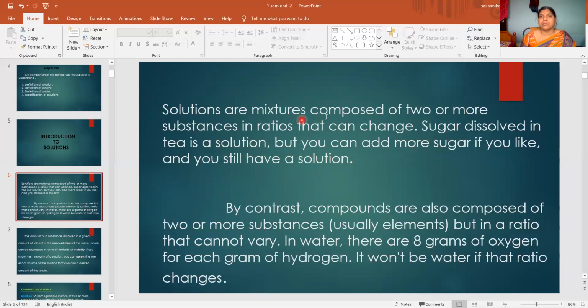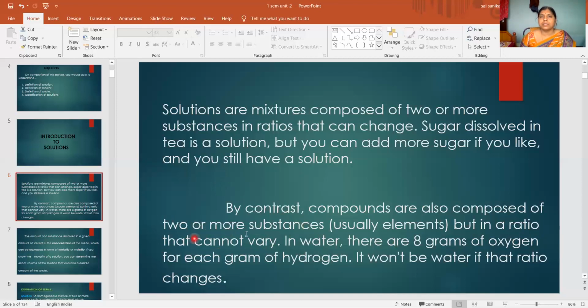Solutions are mixtures composed of two or more substances whose ratio may change. Compounds are also composed of two or more substances, but their ratio cannot change.